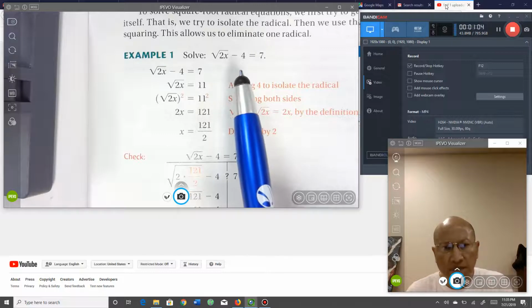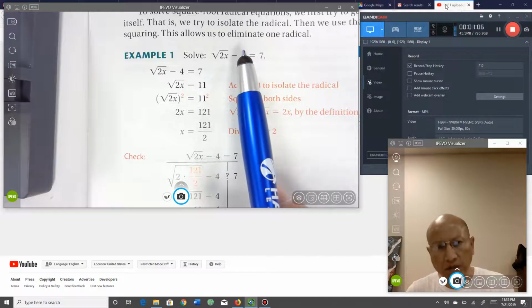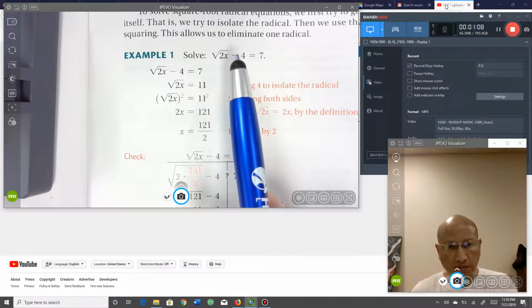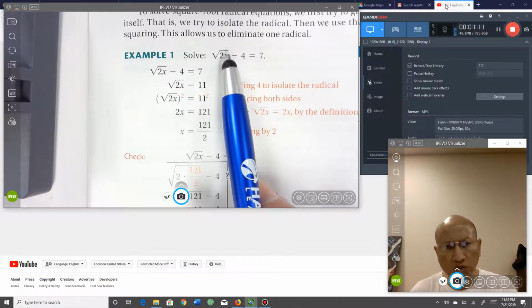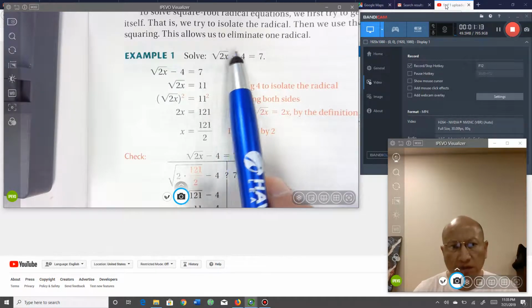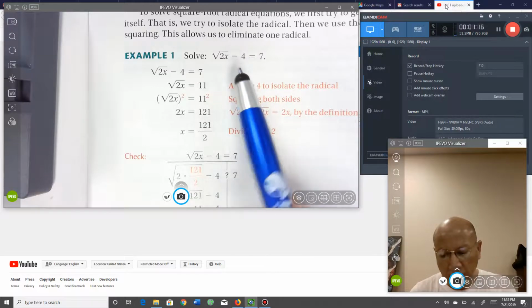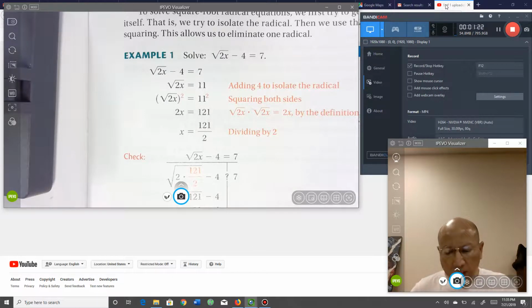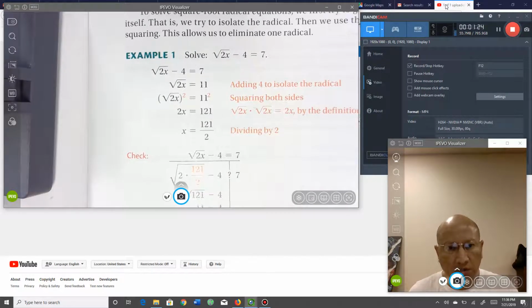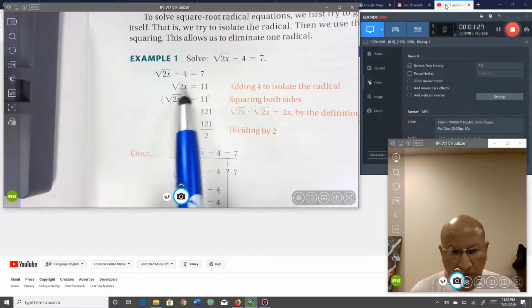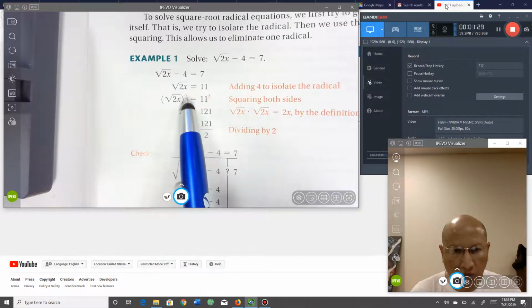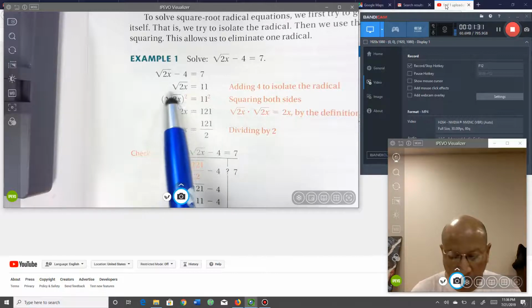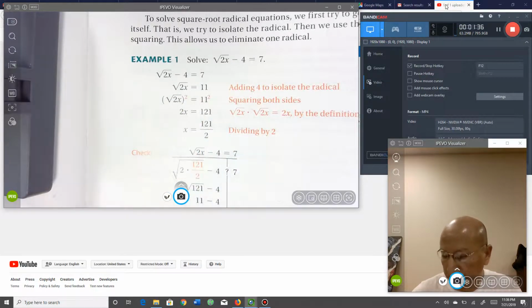The best method to use is to isolate it on one side and then square both sides, because that would be the inverse operation basically, and therefore it would cancel out the radical sign. A power 2 would cancel out a radical with an index of 2.